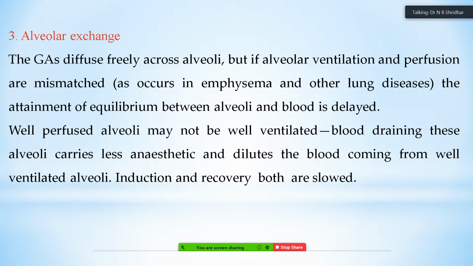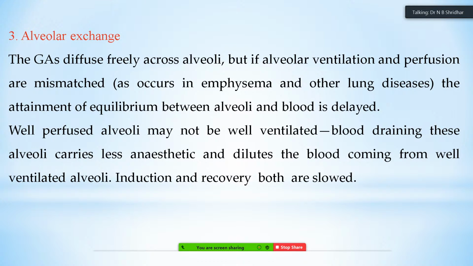This is one of the exchange capacities of a general anesthetic. It will freely diffuse across the alveoli, but if ventilation and perfusion are mismatched, as occurs especially in pulmonary edema, emphysema and lung disease, the attainment of equilibrium between alveoli and blood is delayed.